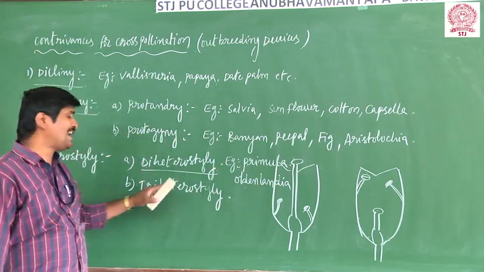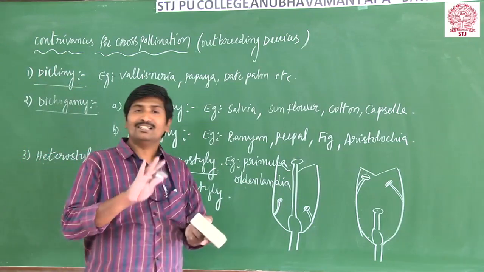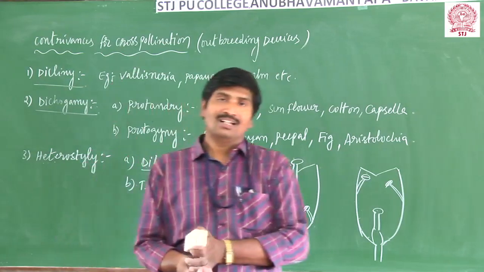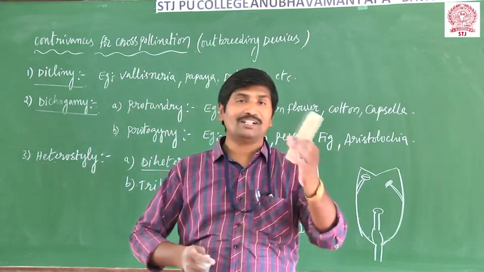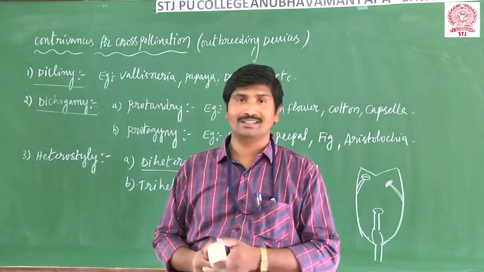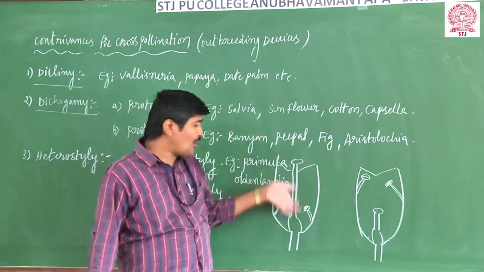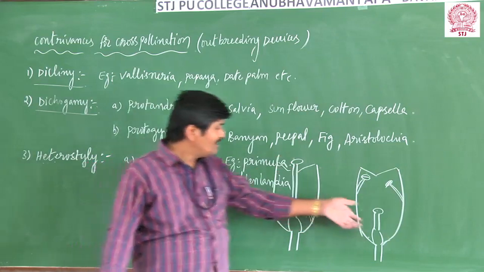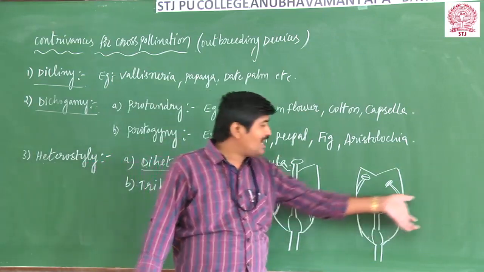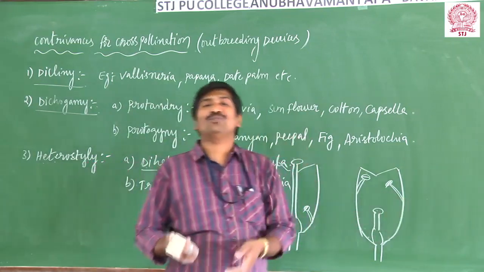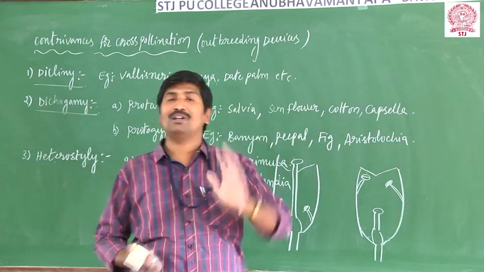What about tristyly? These are the trimorphic flowers. Three forms of the flowers are present on the same plant. What are the three forms? One is a long style, another a short style, and another a middle length style. Three forms of the flowers are there.